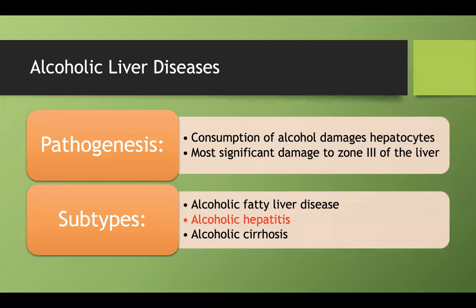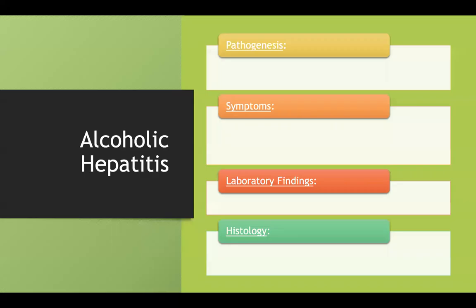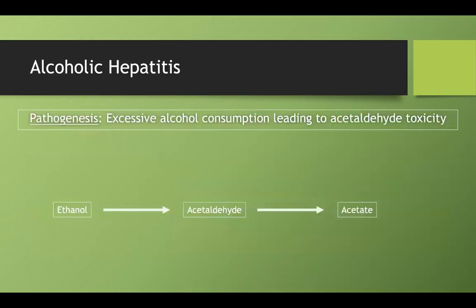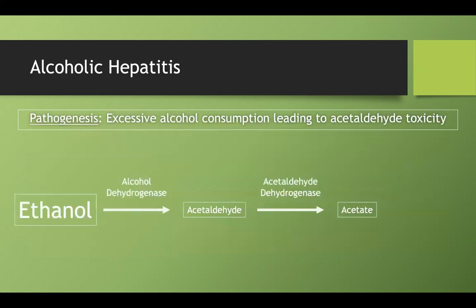So now let's talk about alcoholic hepatitis, which is the subgroup of hepatitis that I wanted to discuss initially. What happens in alcoholic hepatitis is that you have excessive alcohol consumption, and that leads to acetaldehyde toxicity. So if we go back to our framework that we discussed earlier, if you have so much alcohol coming in, that's going to be converted to acetaldehyde and subsequently converted to acetate.